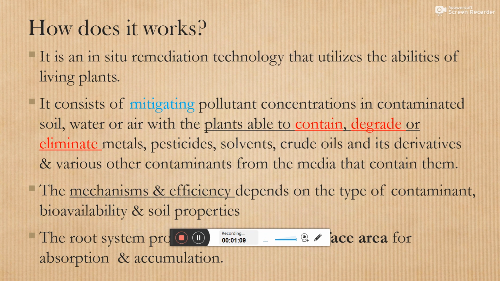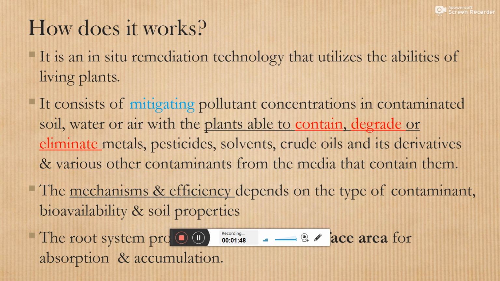It works by concentrating the pollutants with the help of plants, that is, these plants have the ability to contain, degrade or eliminate contaminants present in the soil, water or air, like metals, pesticides, solvents, crude oils or their derivatives, or various other contaminants or pollutants from the media, that is their growing matrix like soil or water.